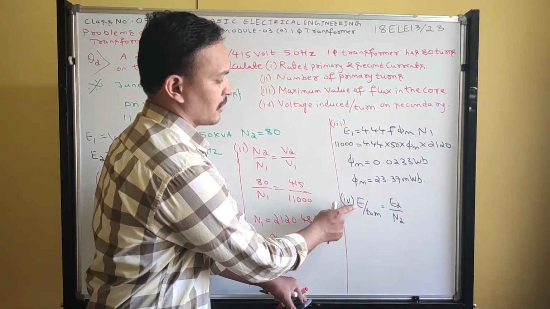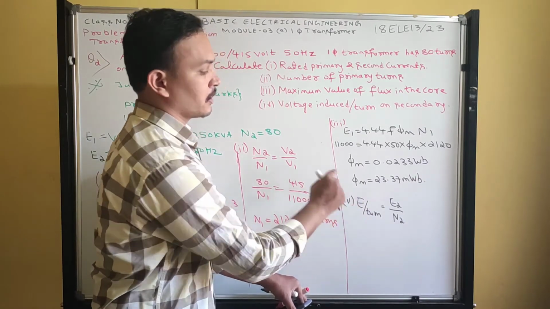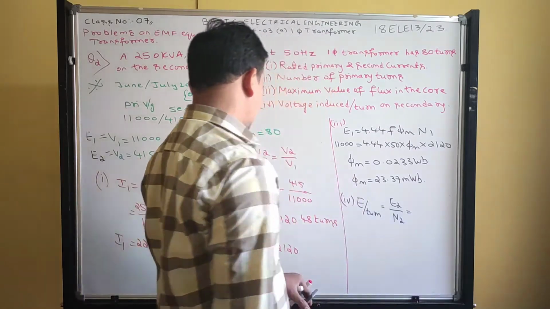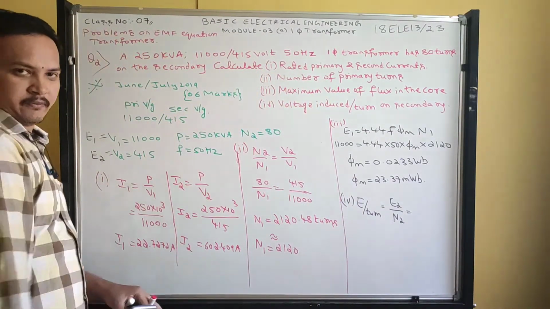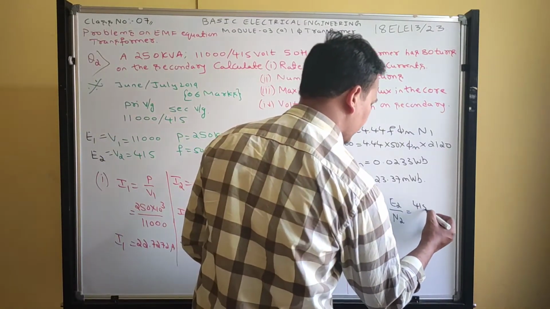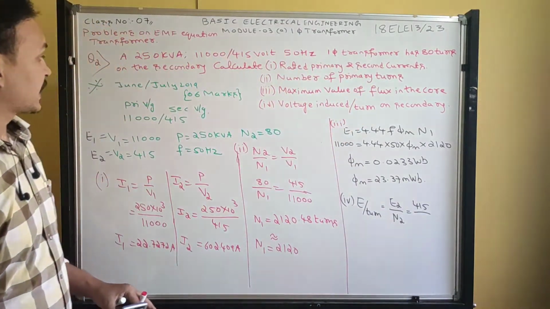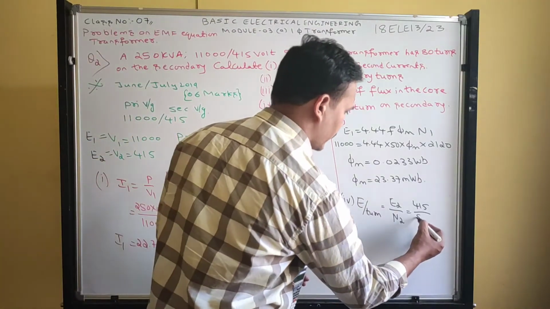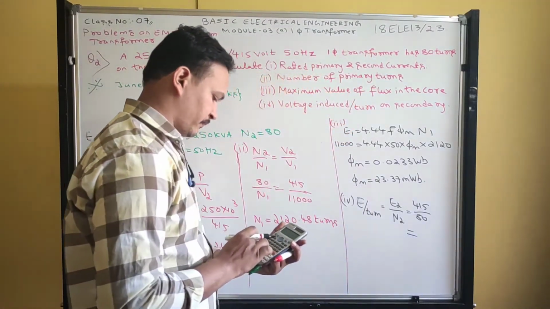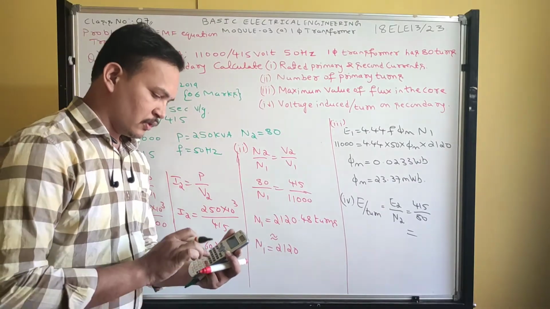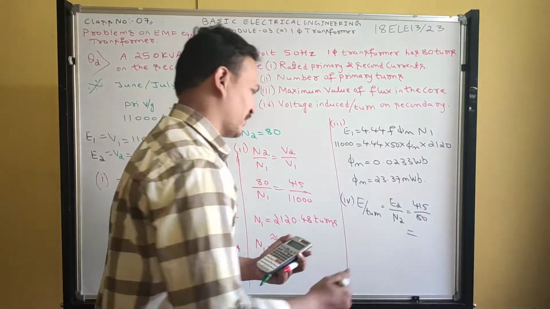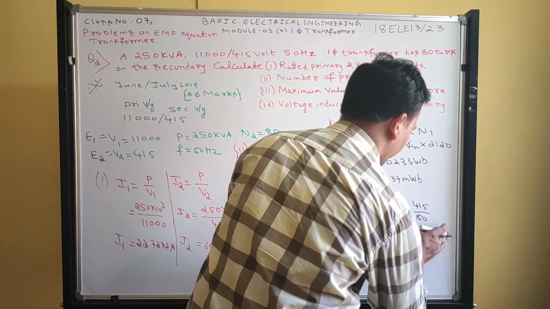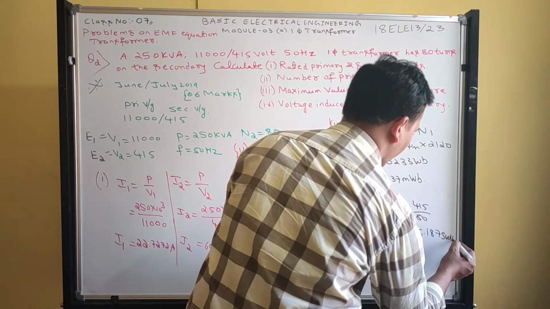What is the secondary voltage? 415, divided by the number of secondary turns, which is 80. So 415 by 80, you will get the voltage induced in one turn. How much did you get? Very good, 5.1875. So this much volt we got.